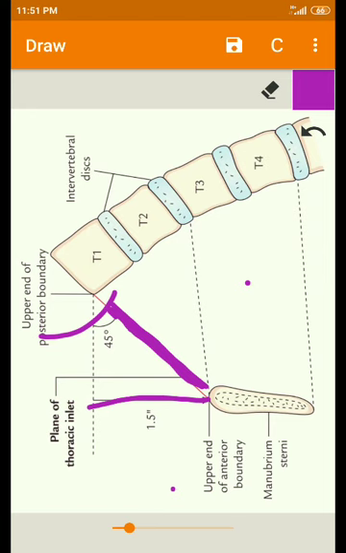I have already mentioned it in the shape of the thorax. That is the diaphragm of the inlet of thorax. Now we will see the next topic in the next video. Thank you.